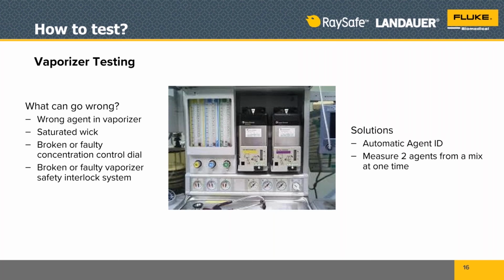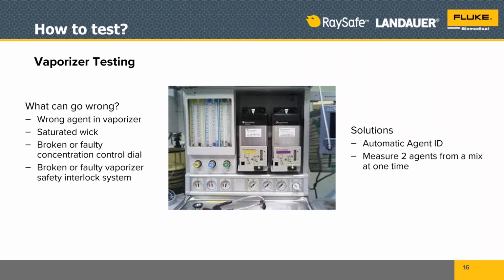So it might force you to go do some troubleshooting. If you have something with automatic agent ID, it's going to tell you what it is seeing, not what you're telling it to look for. So if it's misfilled, there's no need to power down and power back up. It's really easy just to say, hey, I see now that I have one vaporizer turned on, but I'm displaying a different agent, and you immediately know something's wrong.